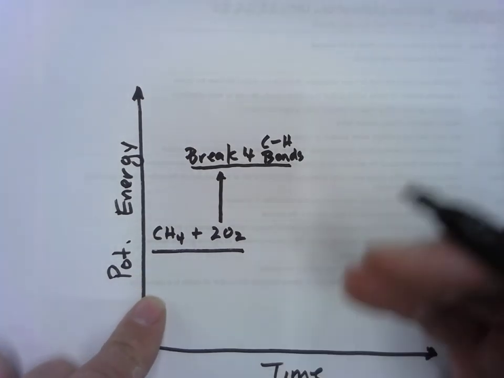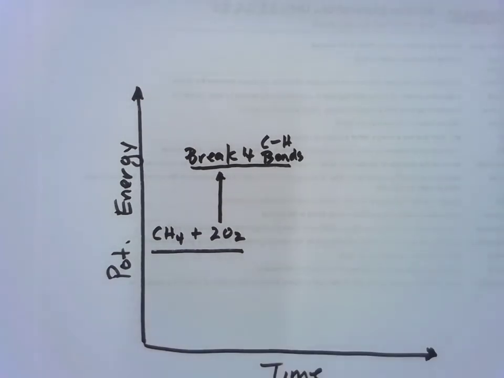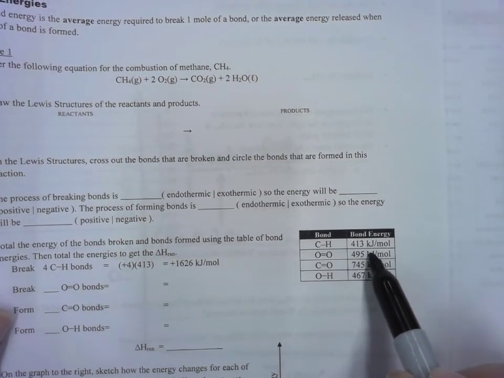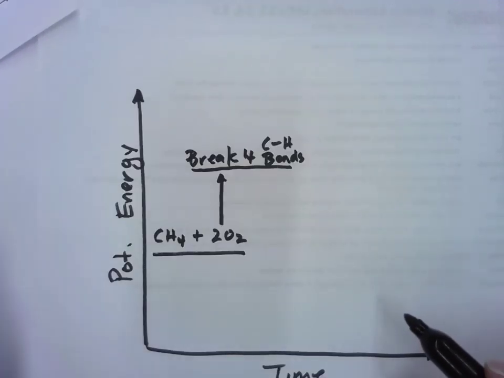How much energy? Each carbon-hydrogen bond requires 413 kilojoules per mole of energy to break.